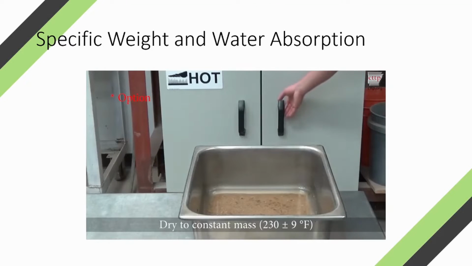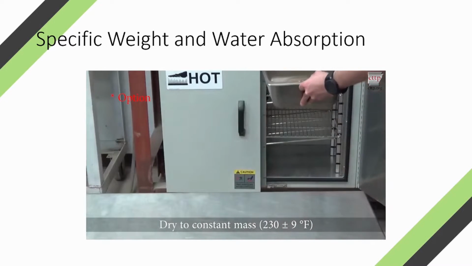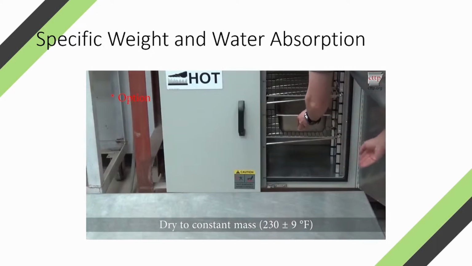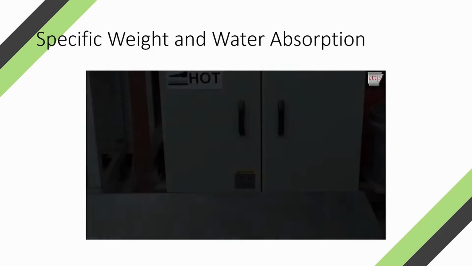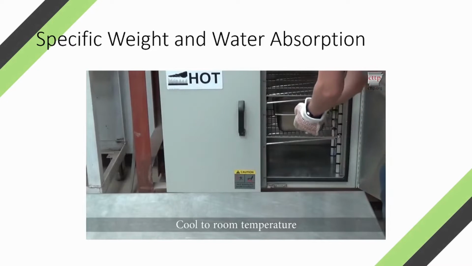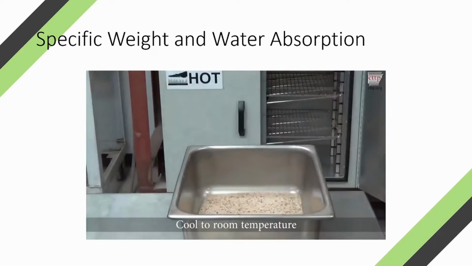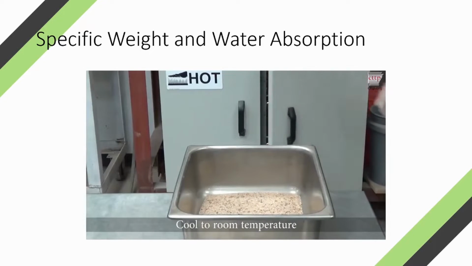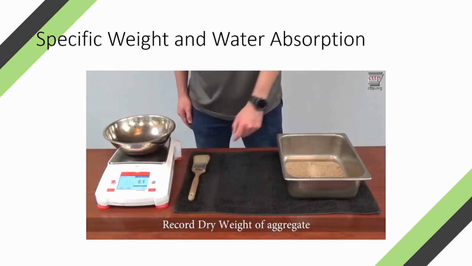Dry the sample to a constant mass at 230 plus or minus 9 degrees Fahrenheit. Cool to room temperature. Record the dry weight of the aggregate.